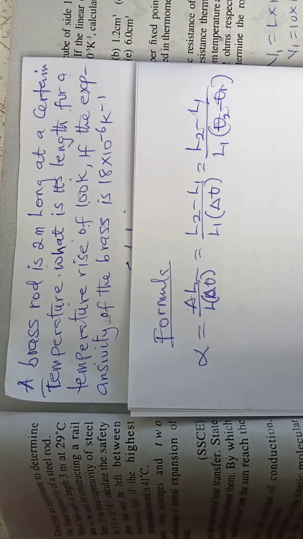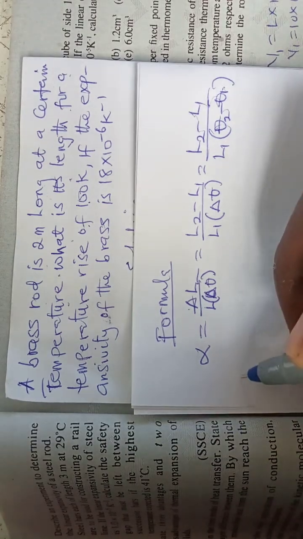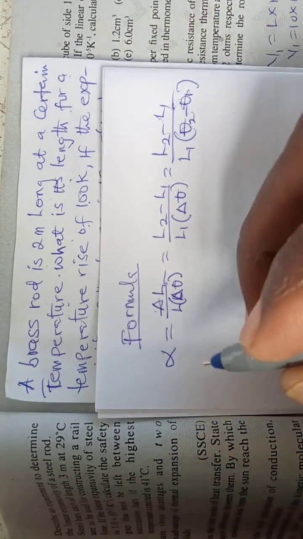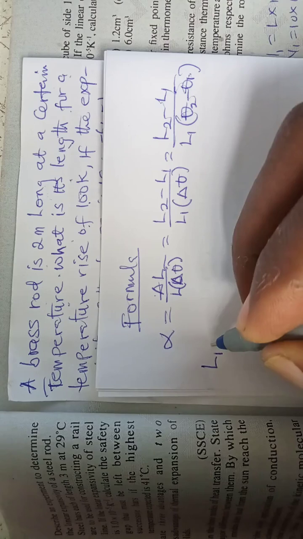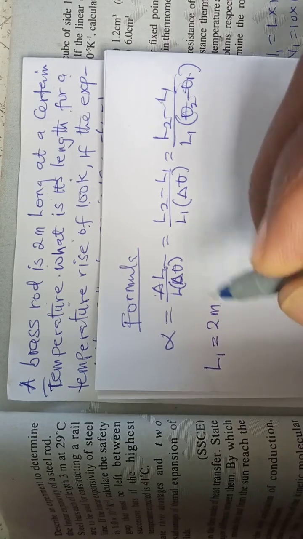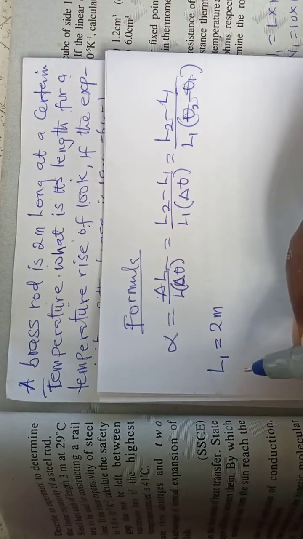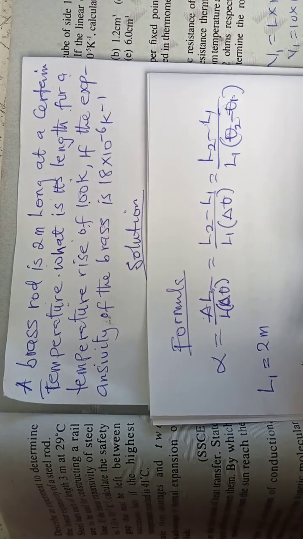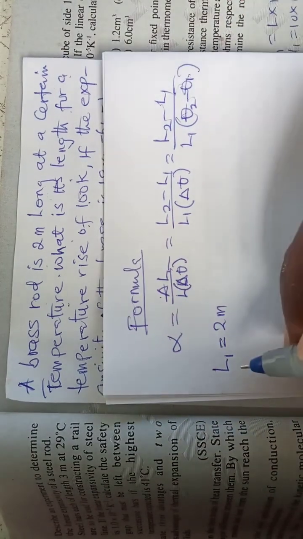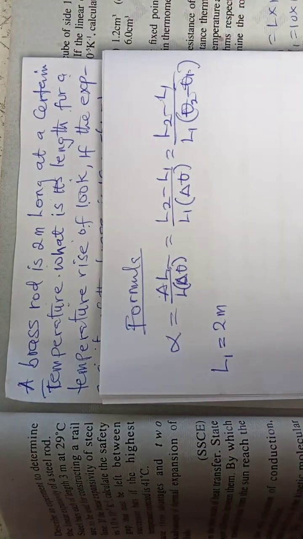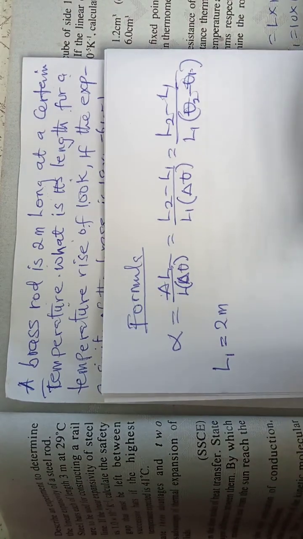A brass rod is 2 meters long at a certain temperature. The brass rod is 2 meters long, meaning that the initial length of that brass rod, which is L1, is 2 meters. Now they also ask what its length is for a temperature rise. When heat is applied to the rod, it must change length.